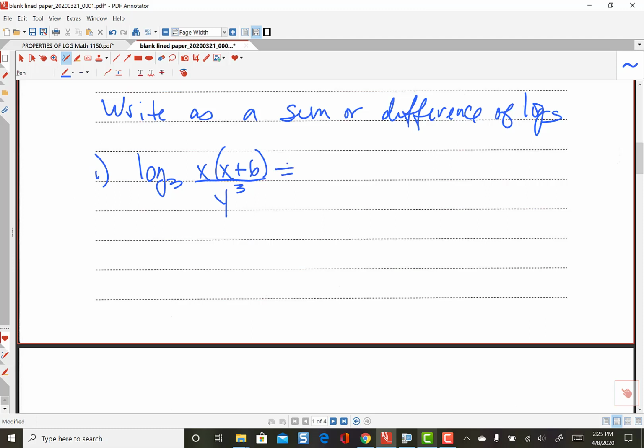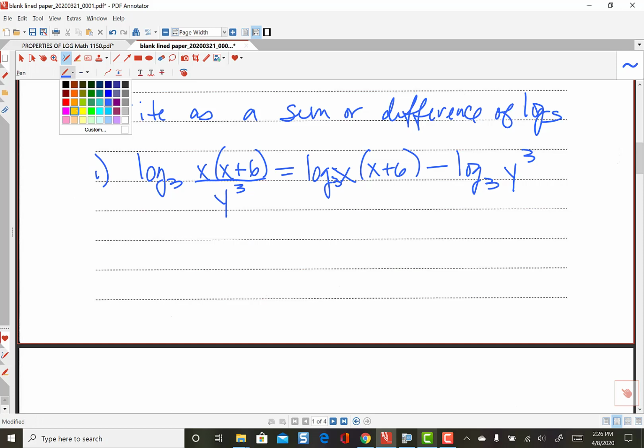Alright, so you heard me say the word times, so I've got a multiplication going on here. So I'm going to have the log of, I'm going to do this in a couple of steps, log base 3 of x times x plus 6 minus the log of what's in the denominator. Alright, but as I said, I did say the word times.